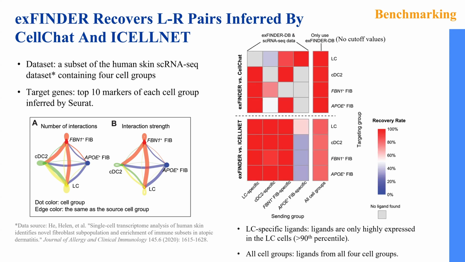And the result shows that for most of the ligand receptor pairs inferred by these two methods, exFINDER can capture over 80% of them. There are maybe 1 or 2 cases that are around 50%.